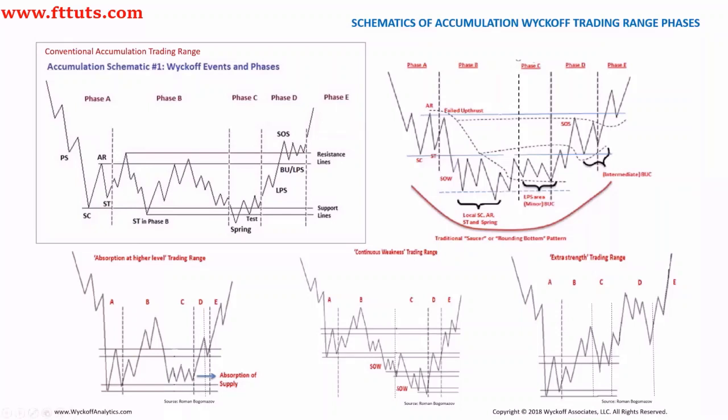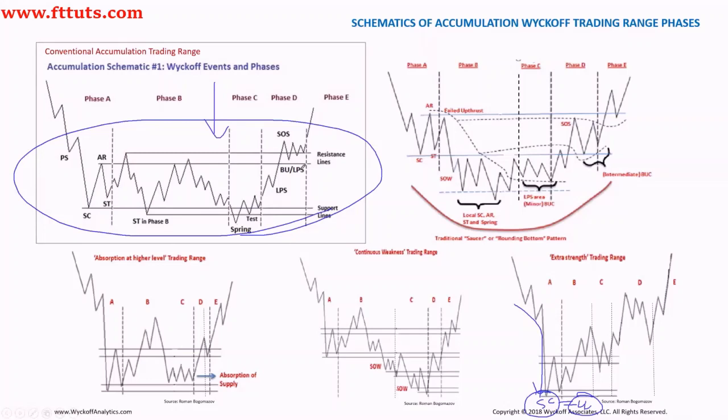Let's imagine that there is a lot of value in the climactic action for a stock that has just had a very, very big move to the downside, and the selling climax becomes the lowest low in this whole range. How is it possible? Why would this structure be created instead of a more horizontal, more conventional structure that we see here on schematic number one?